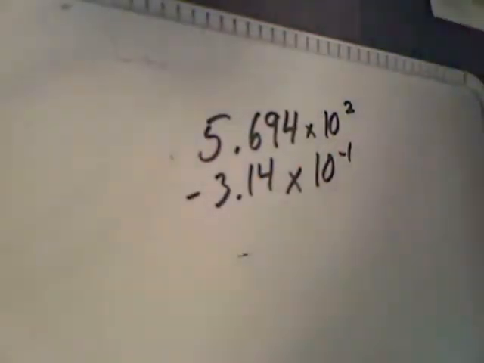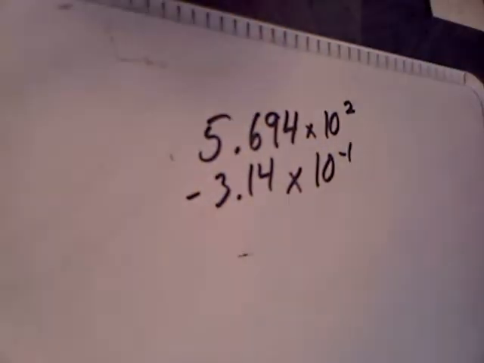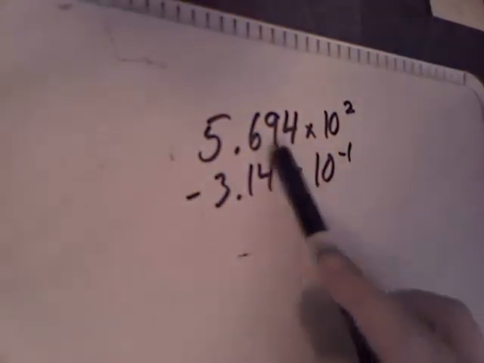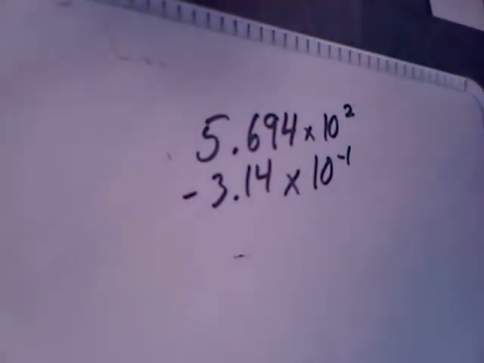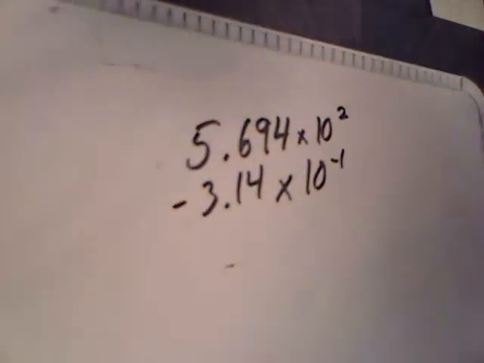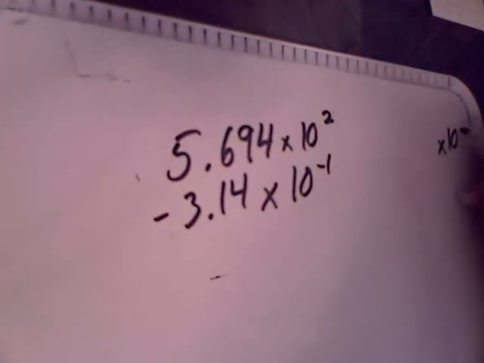And in order to do that, I'm going to end up shifting the decimal again. I'm going to change the first decimal again, and it's really up to you which one you happen to change, but this one has more room to maneuver in it, so I'm going to move that one. And I need to get this to 10 to the negative 1 power.